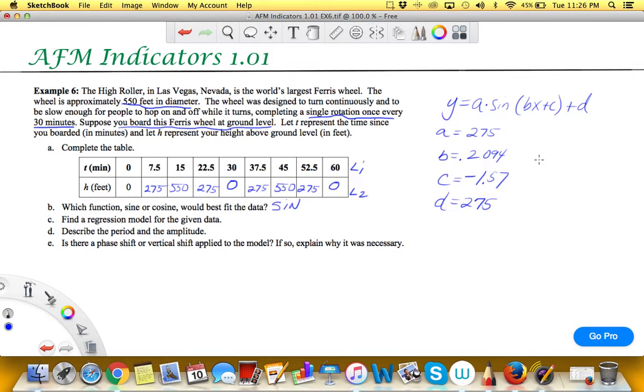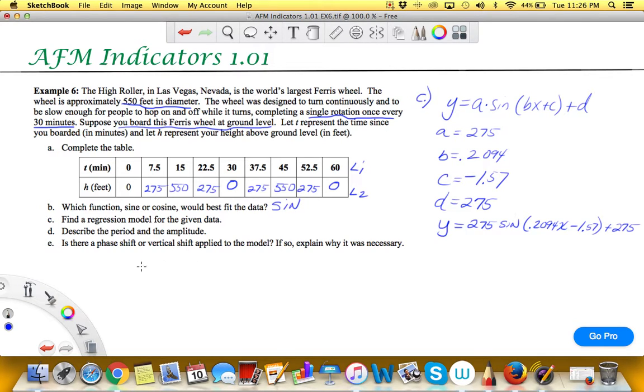So our regression equation is y equals 275 times the sine of 0.2094x minus 1.57, plus 275. This is part C.